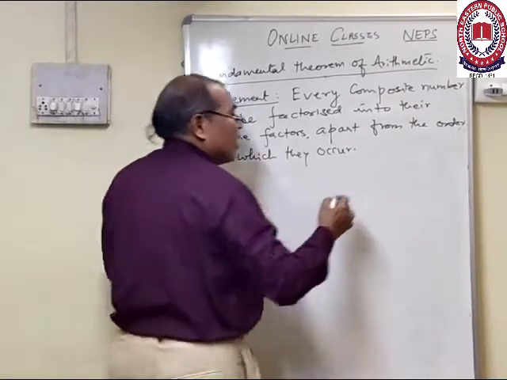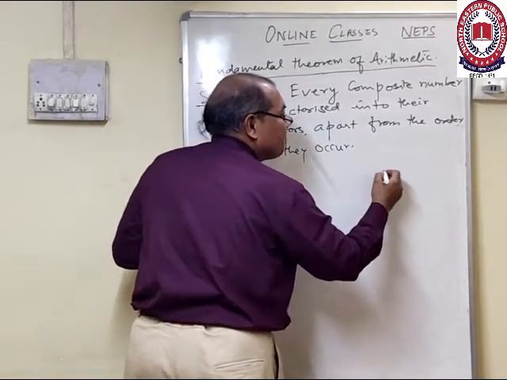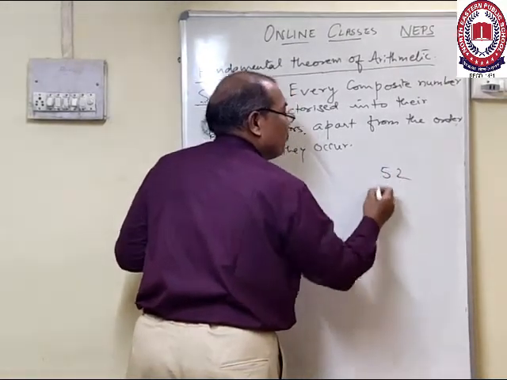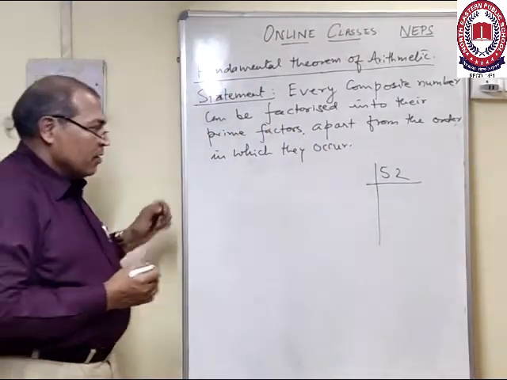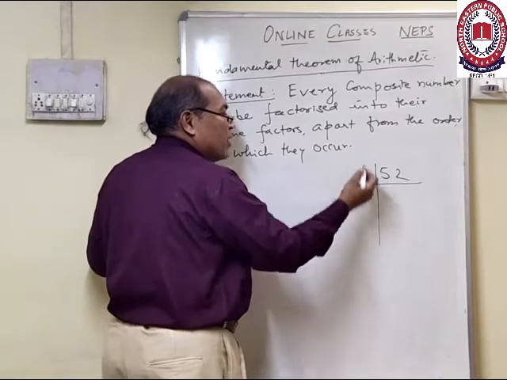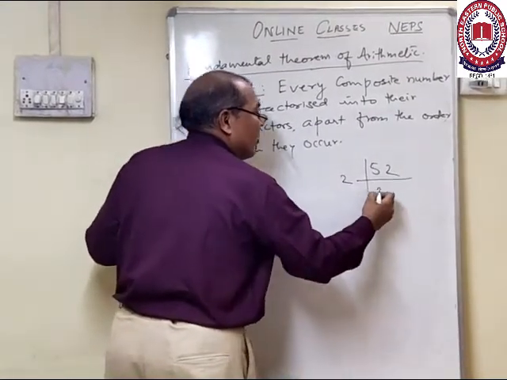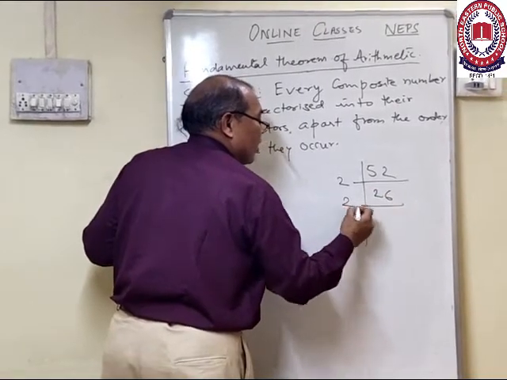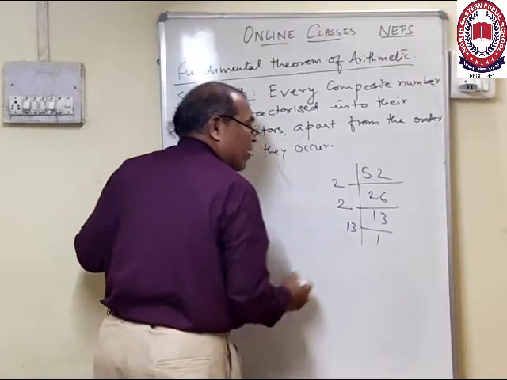Just like when we are given a composite number, say 52. We were using this concept from the lower classes. We can say when it is an even number, it can be divided by 2, giving 26, again by 2 giving 13, and 13 is another prime number, so then we get 1.